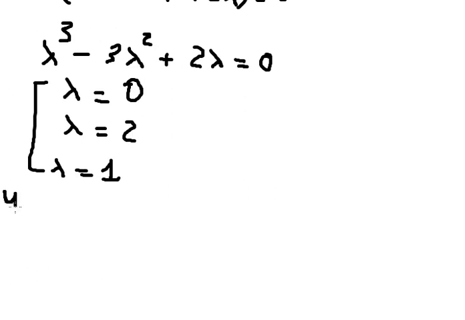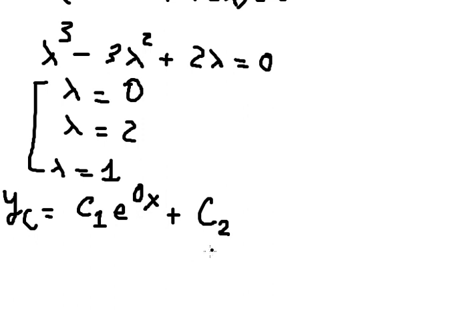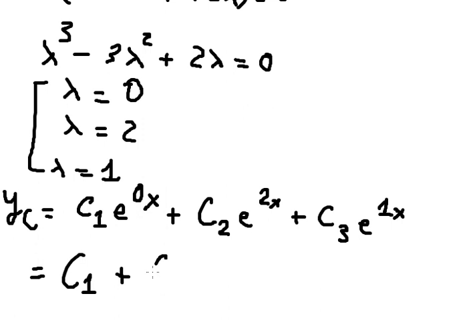So in this one, we have yc, that is c number 1 e to the power of 0s, c number 2 e to the power of 2s, and c number 3 e to the power of 1s. So we change lambda into this one, e to the power of 0s, you have number 1, so we put c number 1. This one is about 2s, this one is about s.